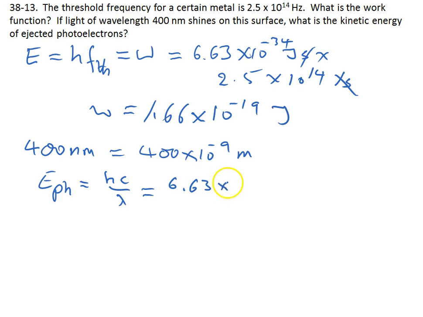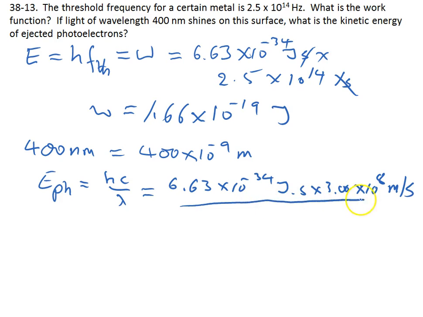6.63 times 10 to the minus 34 joule seconds times 3.00 times 10 to the 8 meters per second, divided by 400 times 10 to the minus 9 meters. Let's look at what we've got.